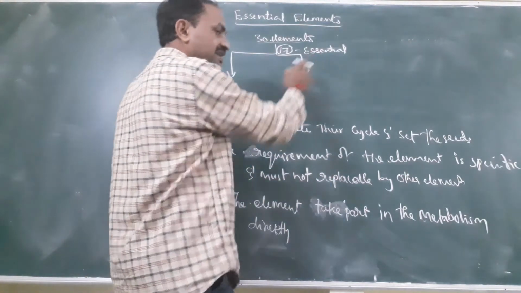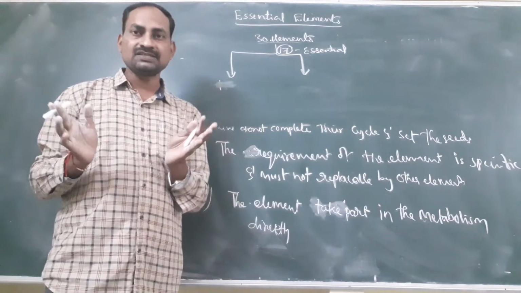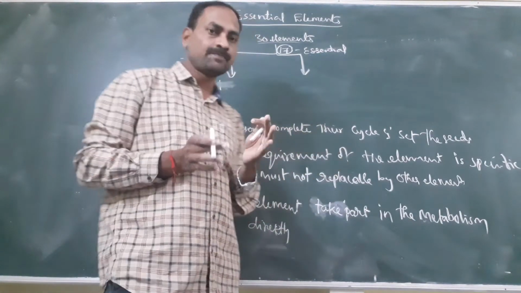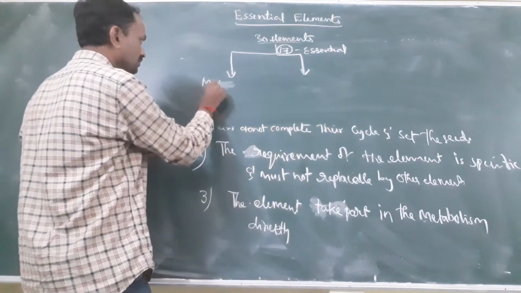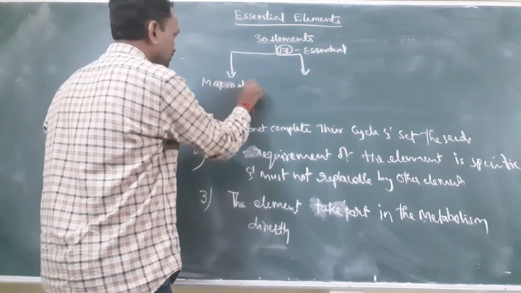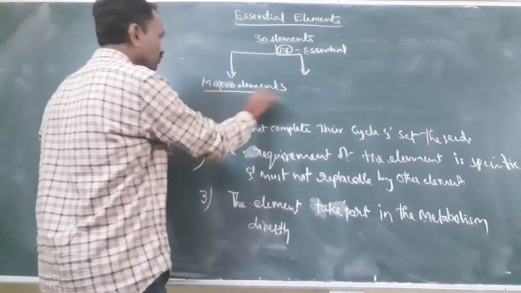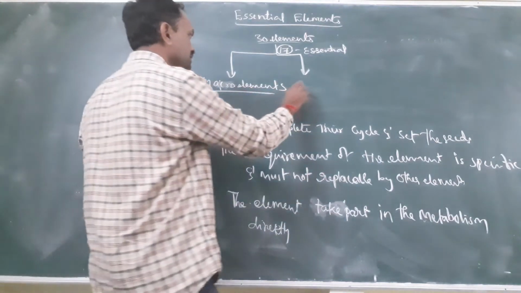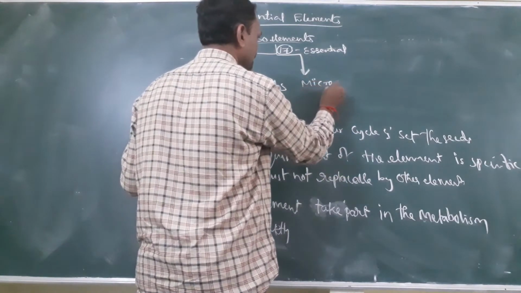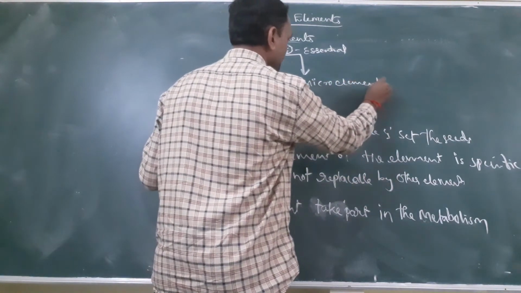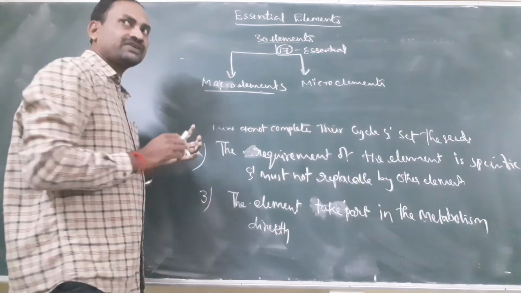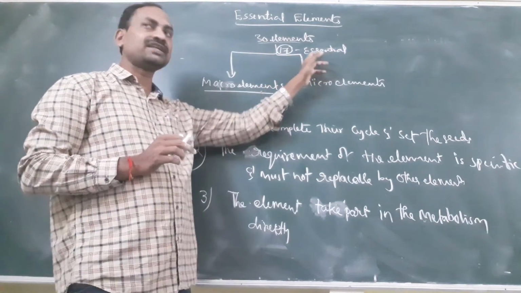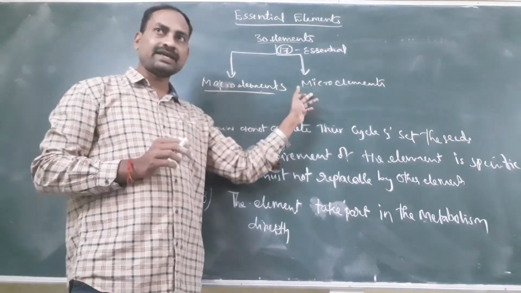These essential elements are divided into two categories. The first is macro elements and the second is micro elements. Macro means they are required in large quantity. How can we divide the 17 essential elements into macro and micro?